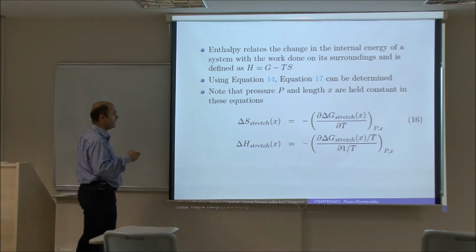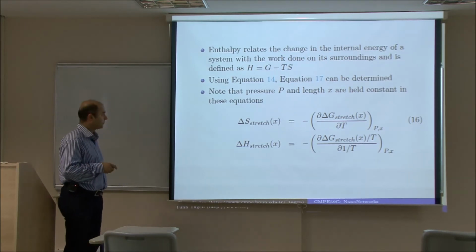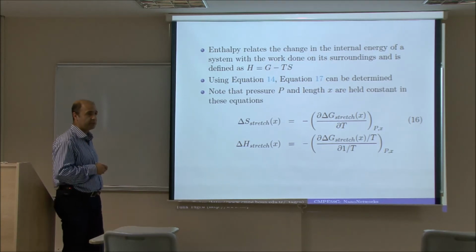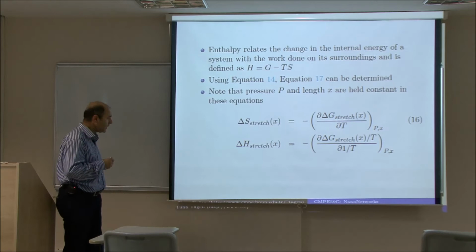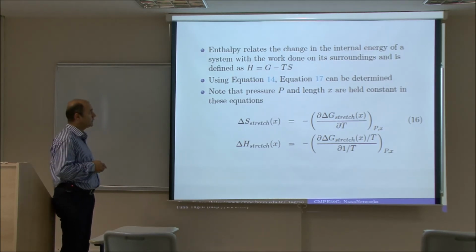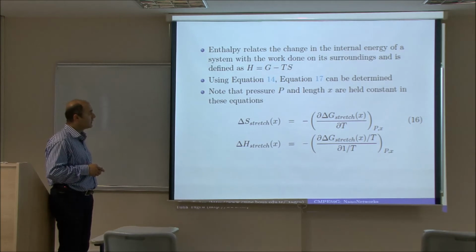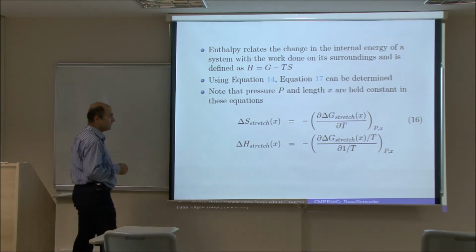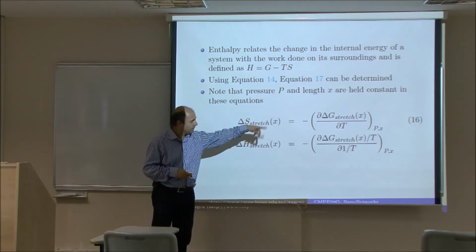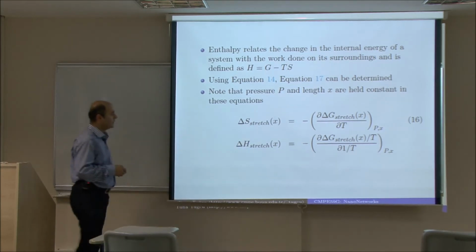So we can define enthalpy as H equal to Gibbs energy minus temperature times the entropy. Taking the previous equation 14, we can determine 17, where delta S and delta H are defined as in here.